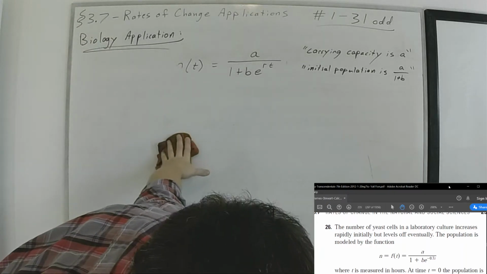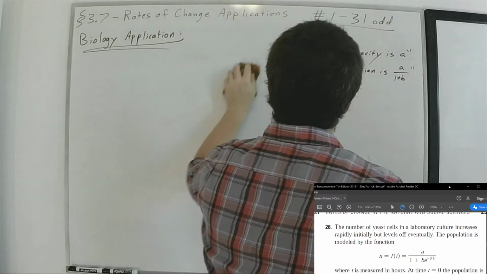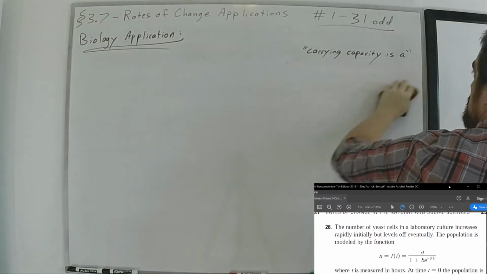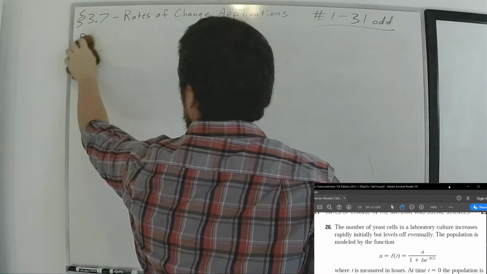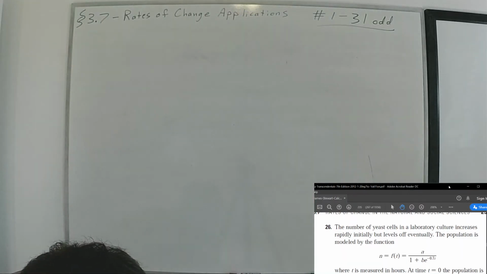And at time 0, the population is 20 cells. So that's our initial population at time 0. And it's increasing at a rate of 12 cells per hour. That's a rate, so we're going to have to relate that to the derivative somehow. It says find the values of A and B according to this model. What happens to the yeast population in the long run?